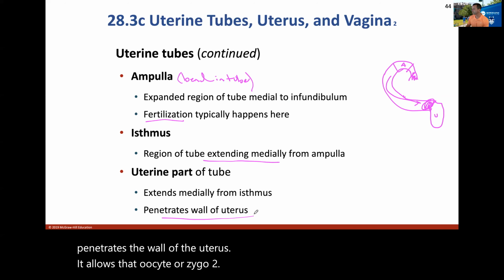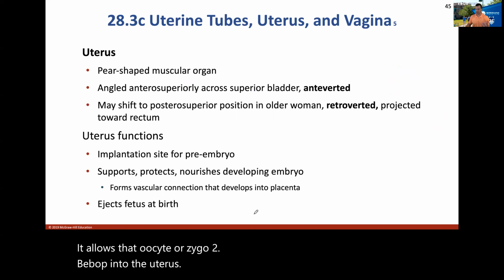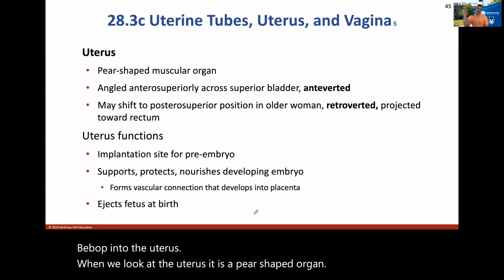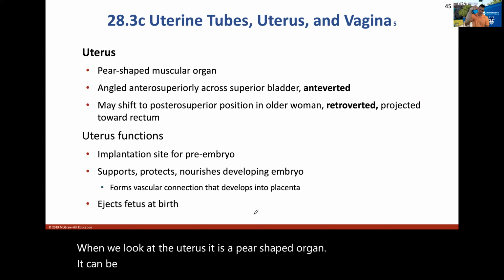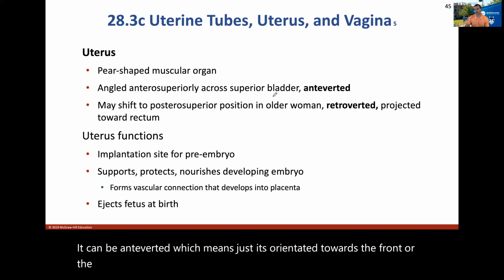It allows that oocyte or zygote to bebop into the uterus. When we look at the uterus, it is a pear-shaped organ. It can be anteverted, which means it's orientated towards the front of the body, where it's over the bladder. It can shift, and it doesn't necessarily have to be in order.